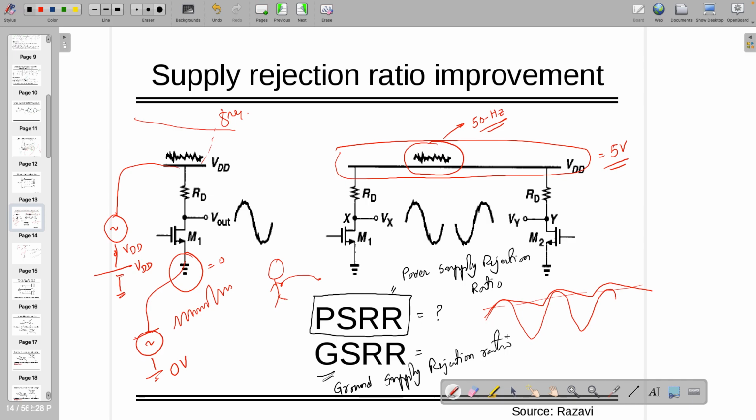Note that all these different frequency components are going to be seen at the output, and they are going to create lots of problems. Right? So that can be removed in a differential way also, but these are going to give you PSRR, GSRR.